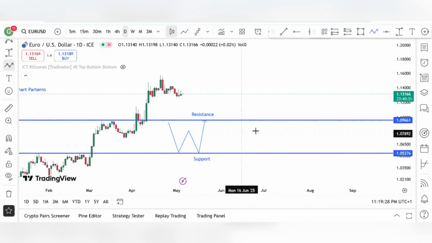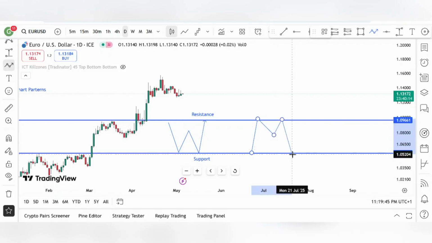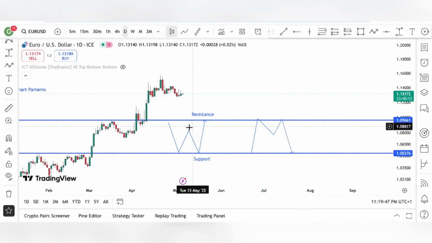So on the flip side, so this is double bottom, okay, double top. Okay, sorry. Double top would be like this one. Yeah, all right guys. So this is double bottom and this is double top. I don't know if you're getting me now.